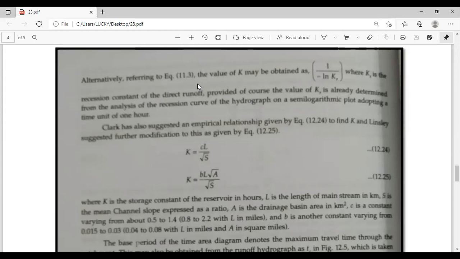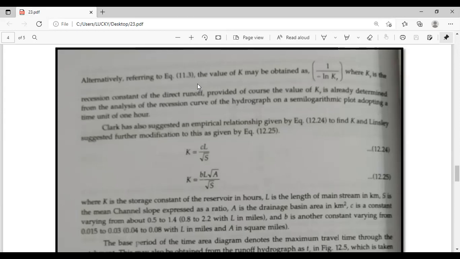Clark has also suggested an empirical relationship given by equation 12.24 to find K, and Lindsley suggested further modification to this given by equation 12.25.